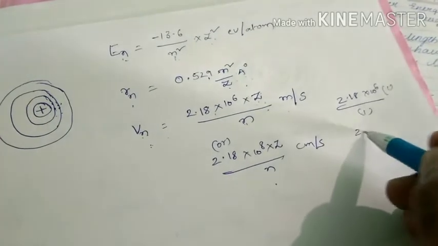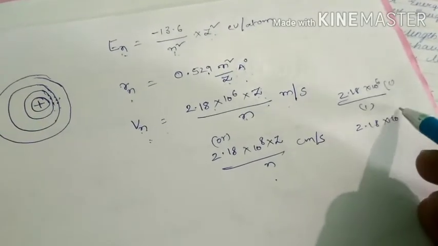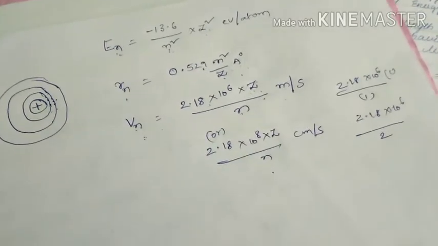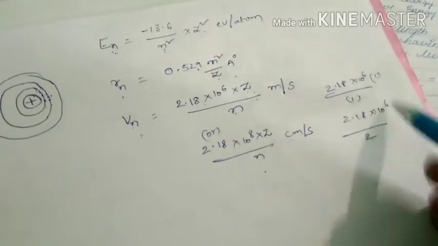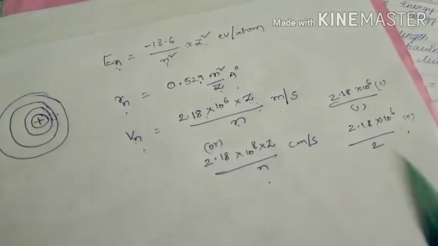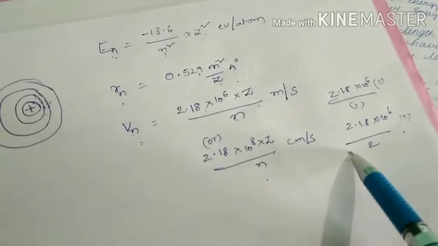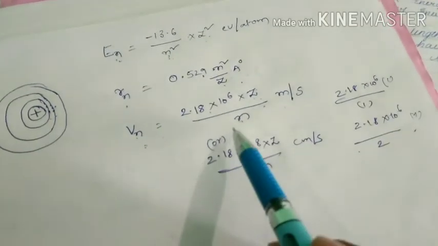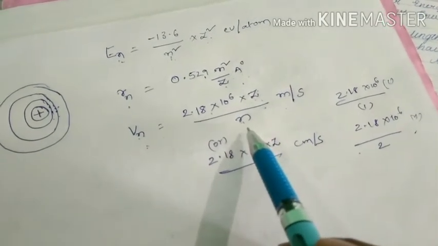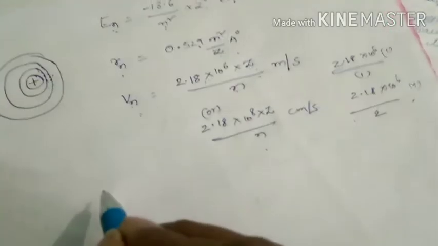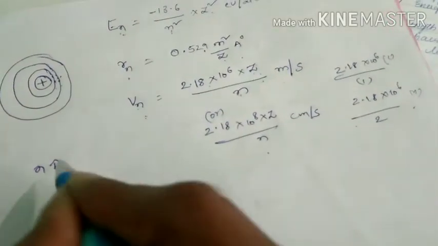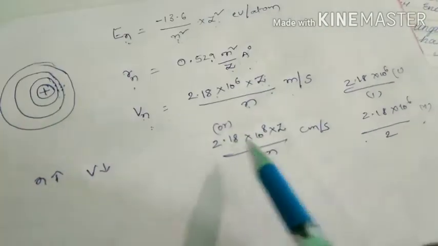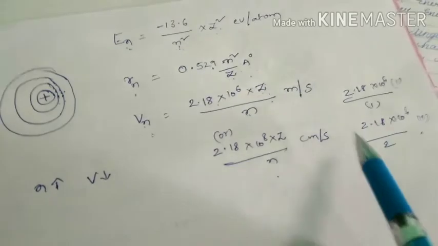If the electron is present in the second orbit, then its velocity is 2.18 into 10 to the power of 6 by 2. Take the same hydrogen atom. So what is the point compared to here? Here velocity is less. That means if n value increases, that is, orbit number increases, then velocity decreases. That is the first main, important point.